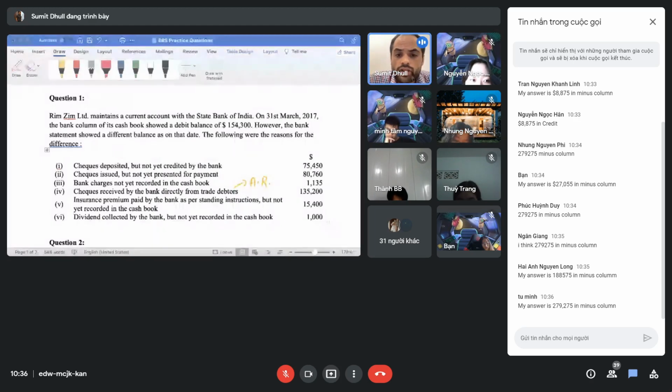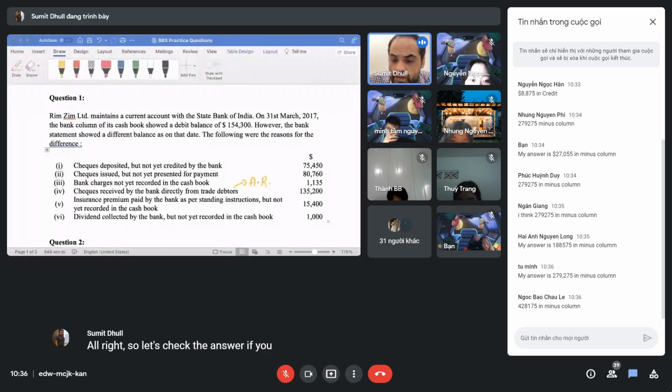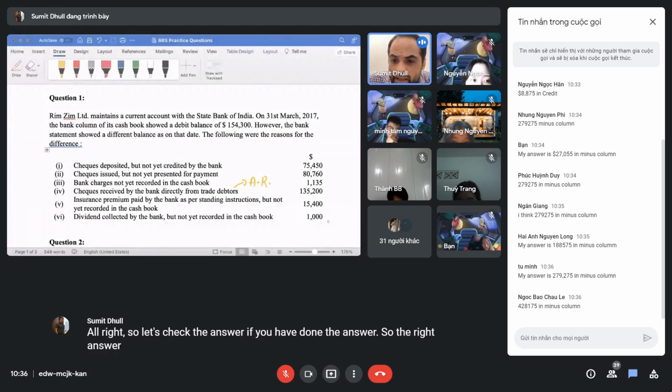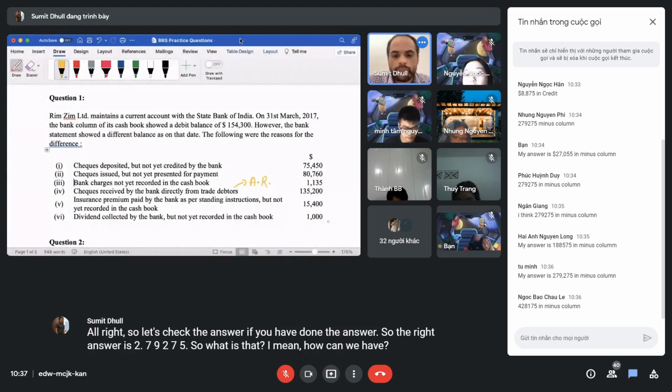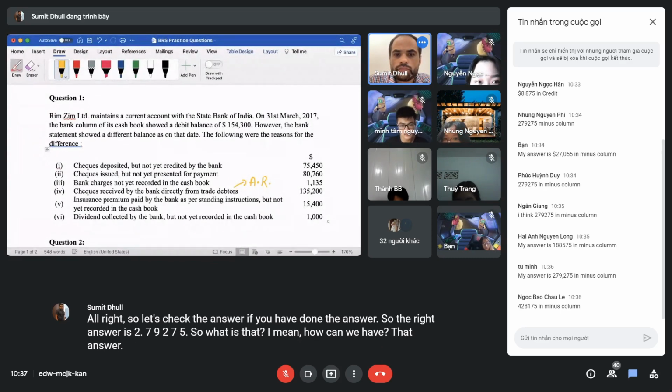All right, so let's check the answer if you have done it. The right answer is 279275. So how can we get that answer? Let's have a look.